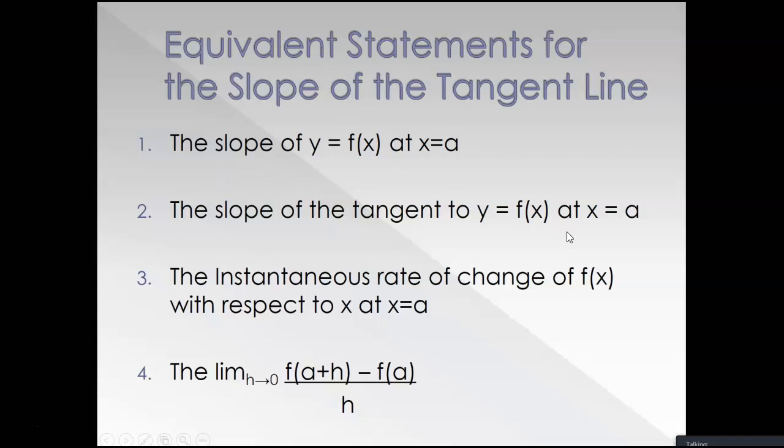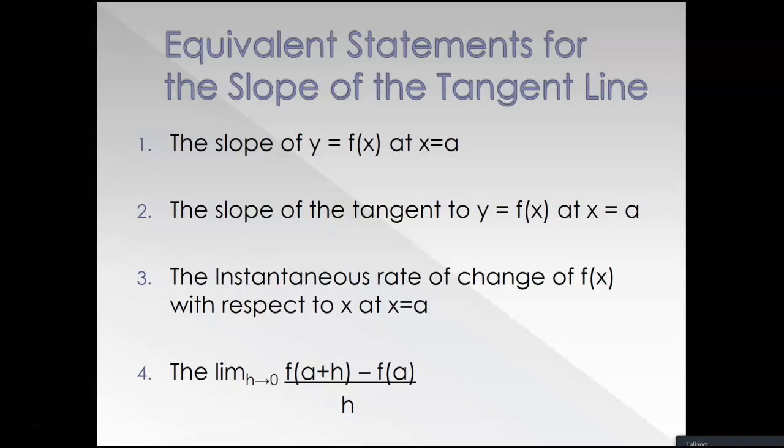The directions might ask you for the slope of the tangent, or they might ask you for the slope of y at x equals a. These are all ways to say the same thing.